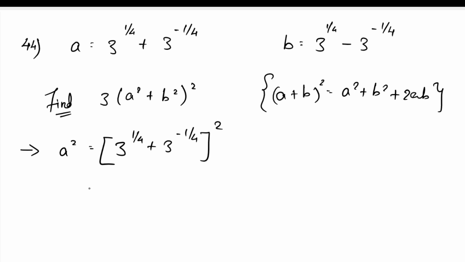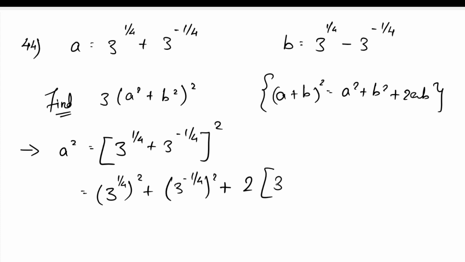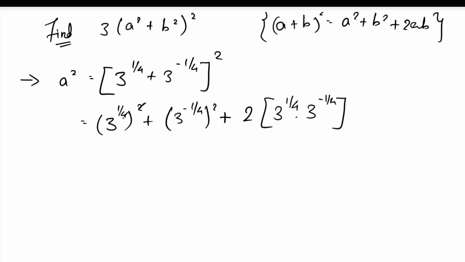Applying this formula here, we'll get a square, which is 3 to the power 1 by 4 square, plus b square, which is 3 to the power minus 1 by 4 square, plus 2 into a into b. So 2 into a is 3 to the power 1 by 4 into 3 to the power minus 1 by 4. 2 2s are 4, and here again 2 2s are 4.